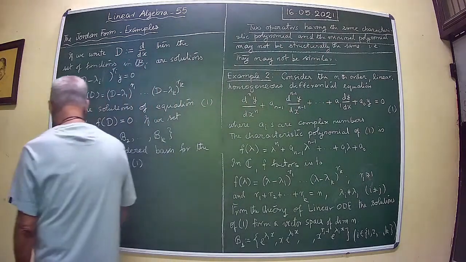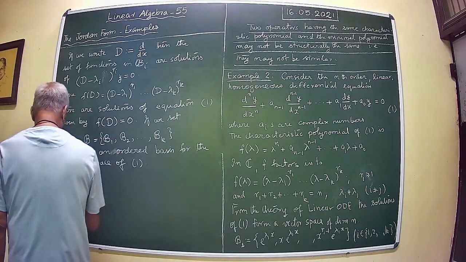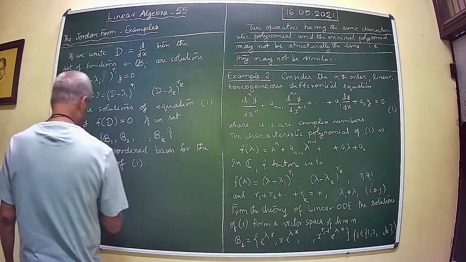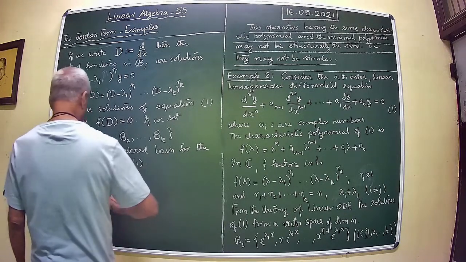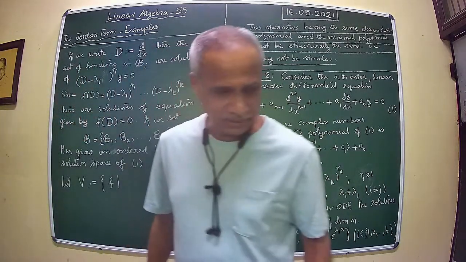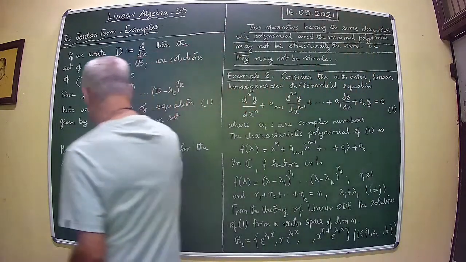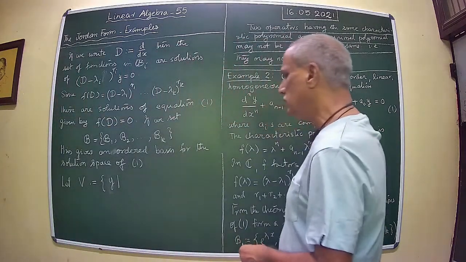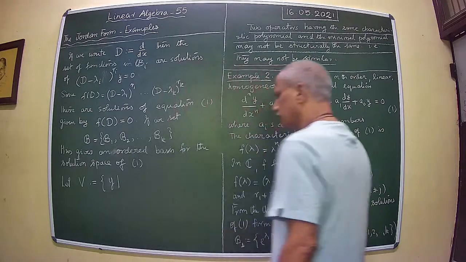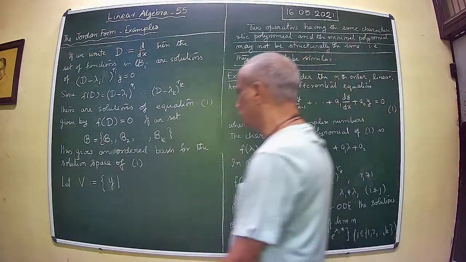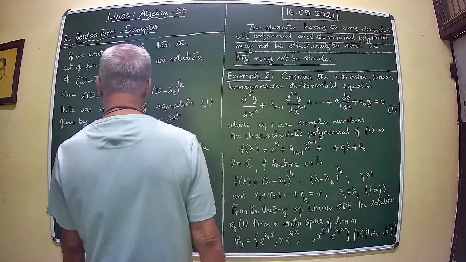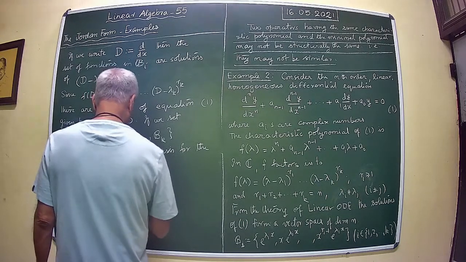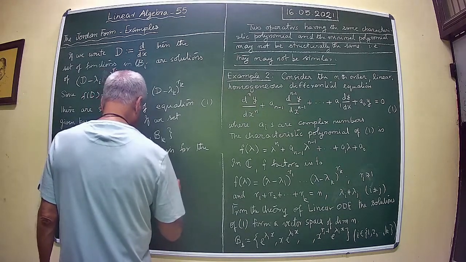Let V be the set of n times continuously differentiable functions Y with the property that f(D)Y equals zero.